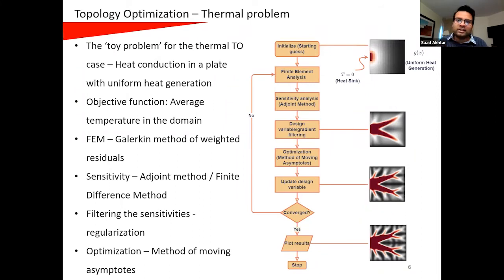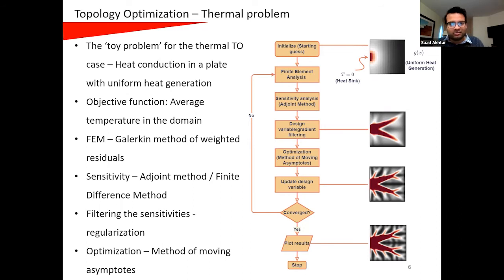So the whole flow goes like this: you initialize your solution, you do a finite element analysis, and then you calculate the sensitivities of the variable with respect to densities. And then, of course, you filter the densities to eliminate the checkerboard problem. And you feed that into the optimization framework.